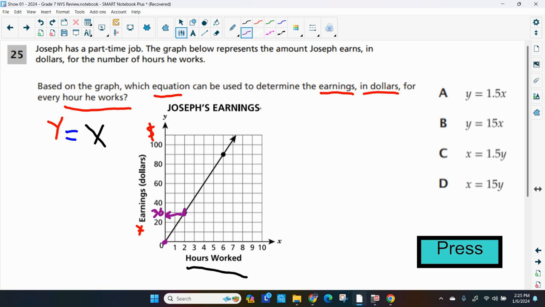And go down to the bottom to the x-axis, if you remember how we read these proportional relationships in graphing, and 2 hours. So we have our equation for the constant of proportionality. We're looking for the k.